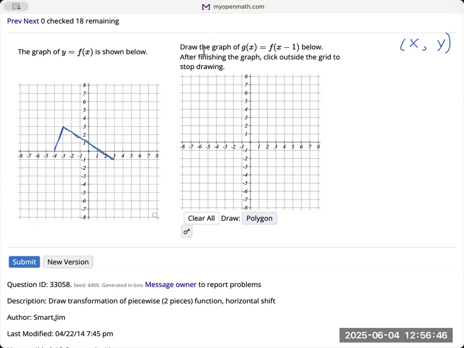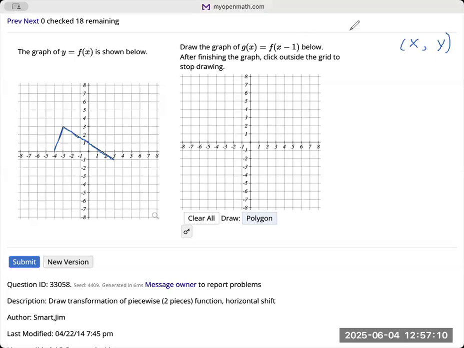Then they said they want us to draw this new graph g of x. And all they did to get g of x is take the original function and subtract 1 inside the parentheses here. Now, we subtract inside the parentheses, as opposed to outside the parentheses.